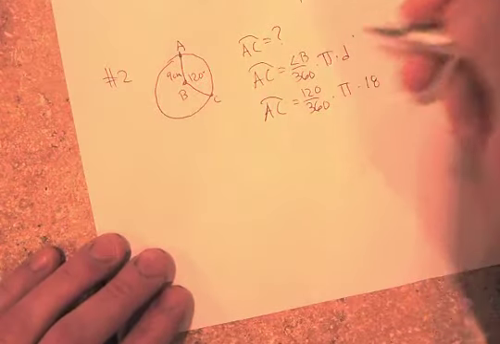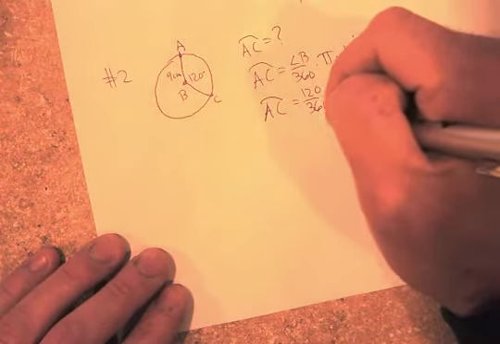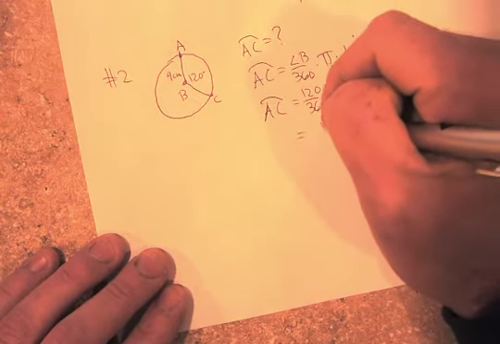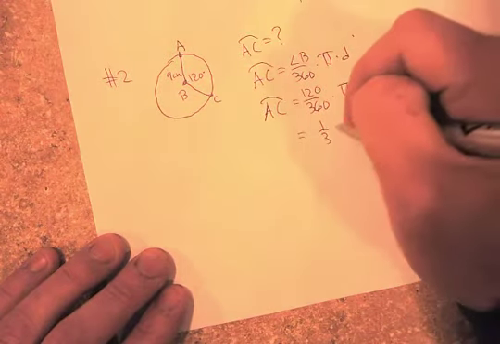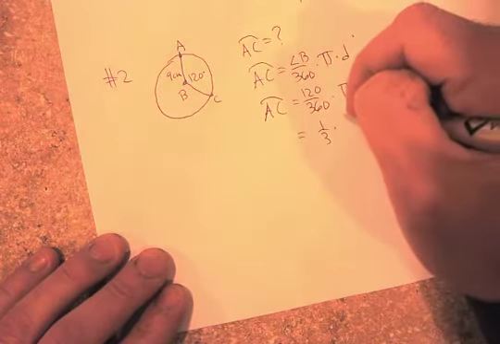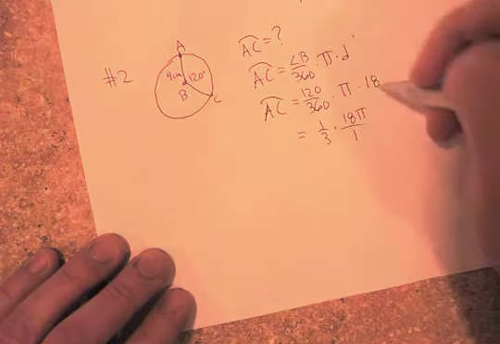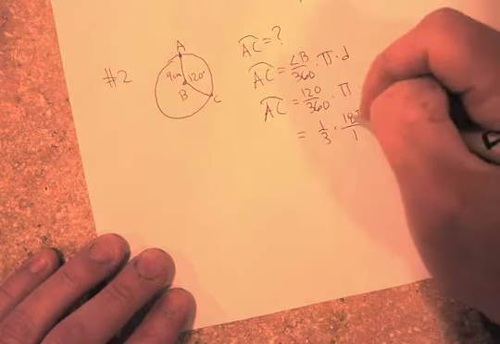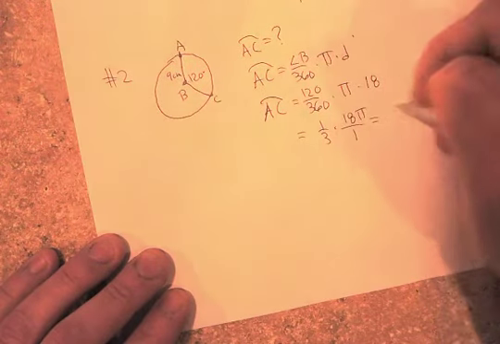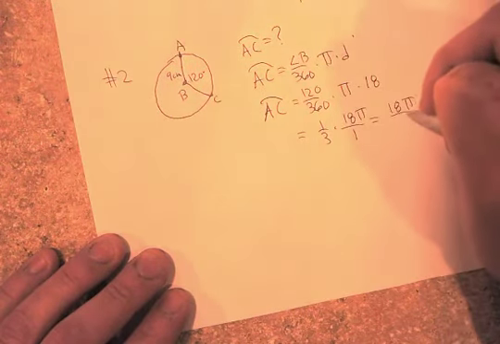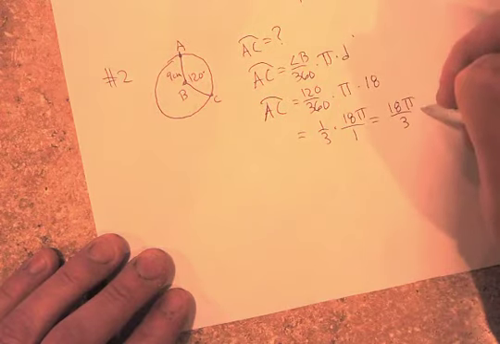Reduce this fraction. Most of the time, these fractions reduce down to pretty nice stuff for the problems I give you. So this is actually just 1/3 times 18 pi, or pi times 18 over 1.